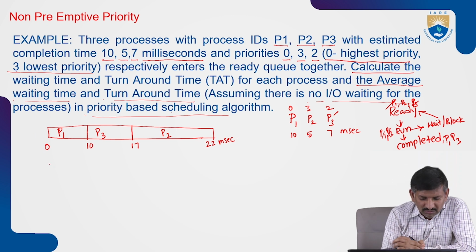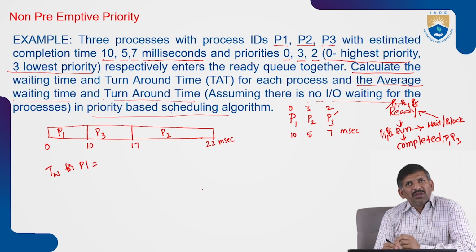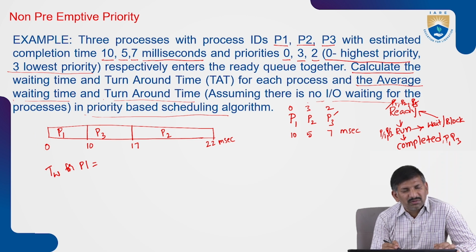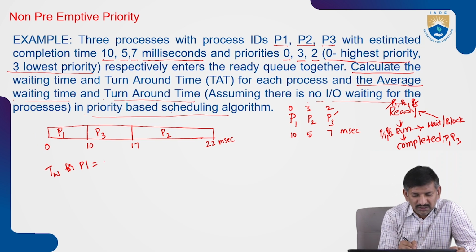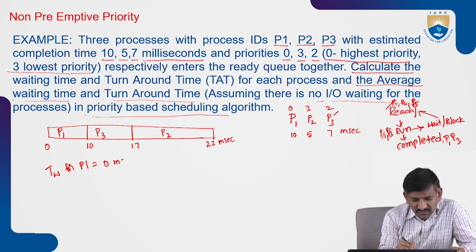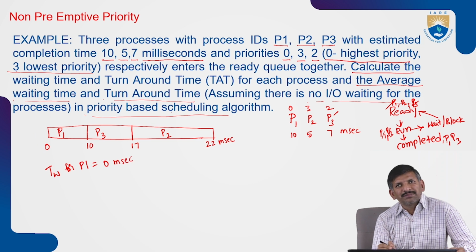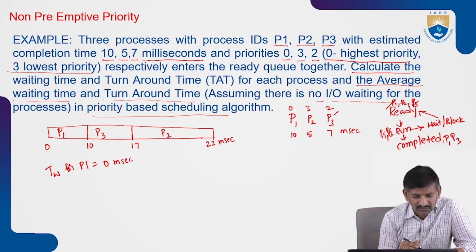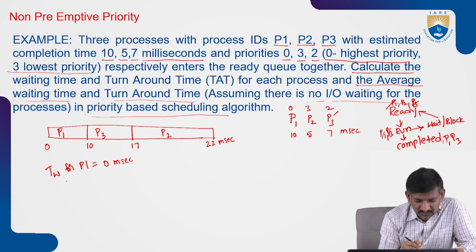Now calculate the waiting time for process P1. P1 entered the ready state at time 0 and is scheduled for execution at time 0, so its waiting time is 0 milliseconds. Next, the waiting time for process P2.